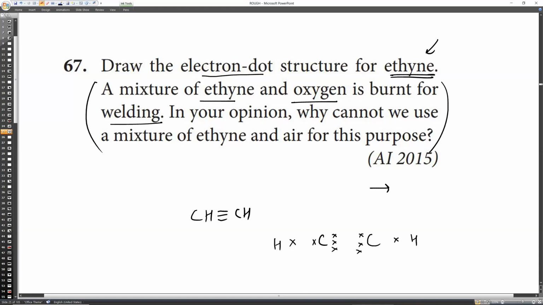This completes the duplet for each hydrogen, and this will complete the octet for carbon. Six here and 4, 6 and 2 is 8. It should be like this, one carbon, like this way.